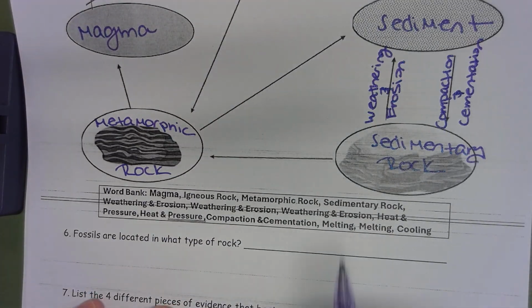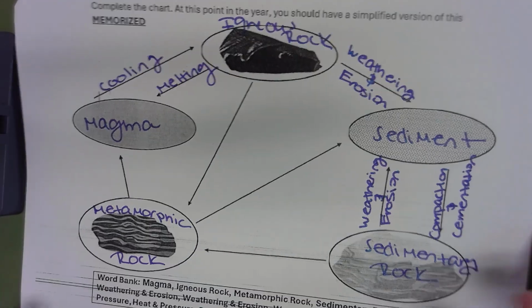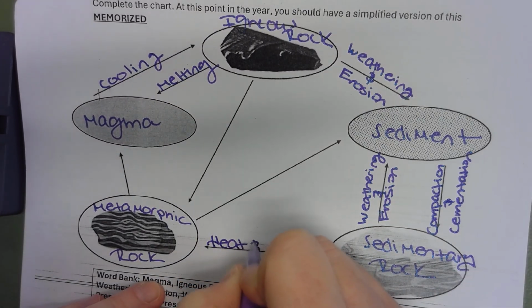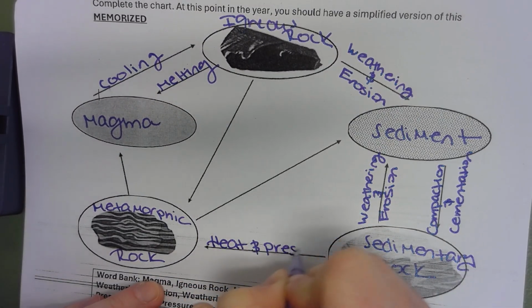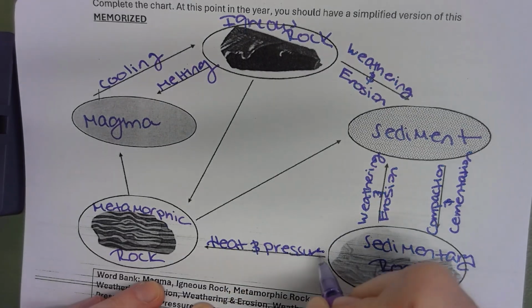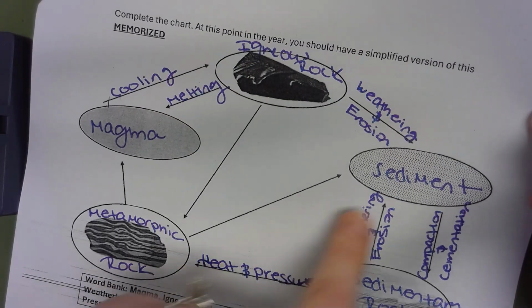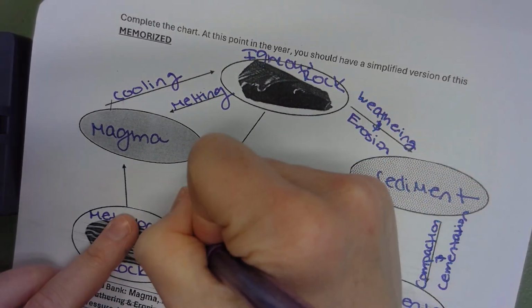Sedimentary rock can become metamorphic rock only through heat and pressure. For metamorphic rock to become sediment, it has to undergo weathering and erosion.